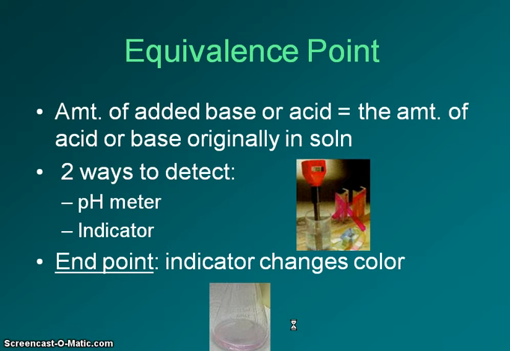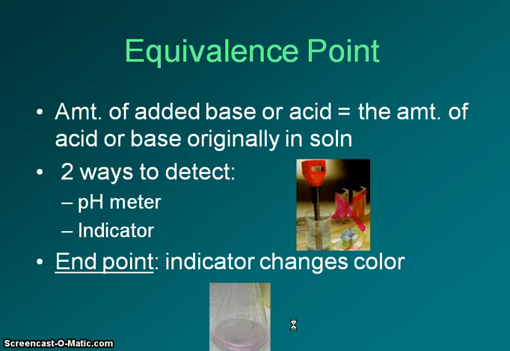The equivalence point is where the amount of base added or acid added equals the amount of acid or base originally in the solution. So you're trying to equal them out. There are two ways you can detect an equivalence point. One is with a pH meter, and the other, which is more common and is the one that we will use in the lab, is an indicator.